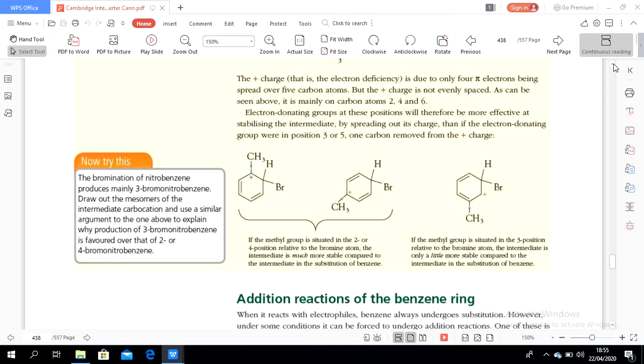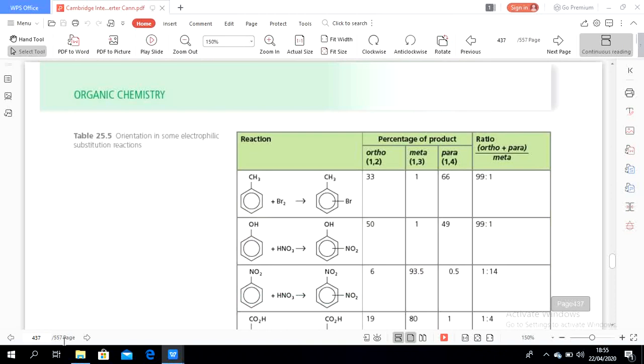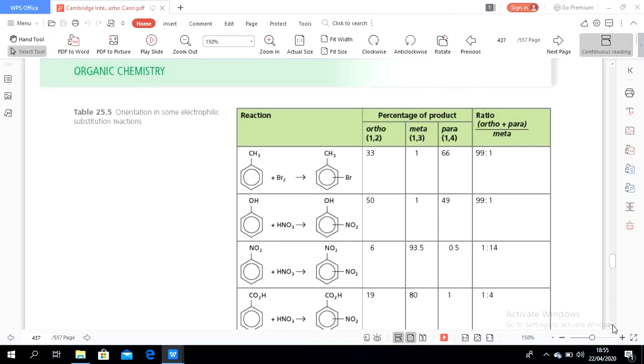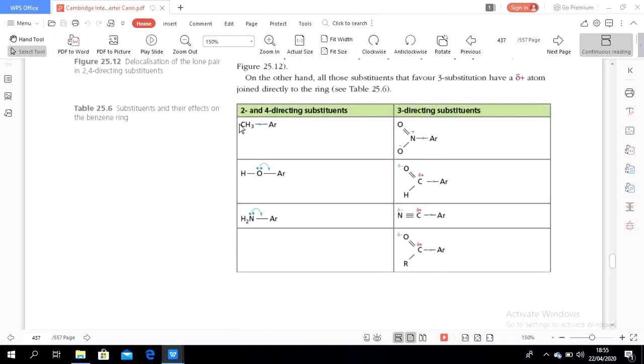This is consistent also with the previous theory. Position 2 and 4 directing substituents: CH3, because there is a positive inductive effect, although it doesn't have a lone pair like O in OH, and also like N in NH2, but there is a positive inductive effect in CH3.